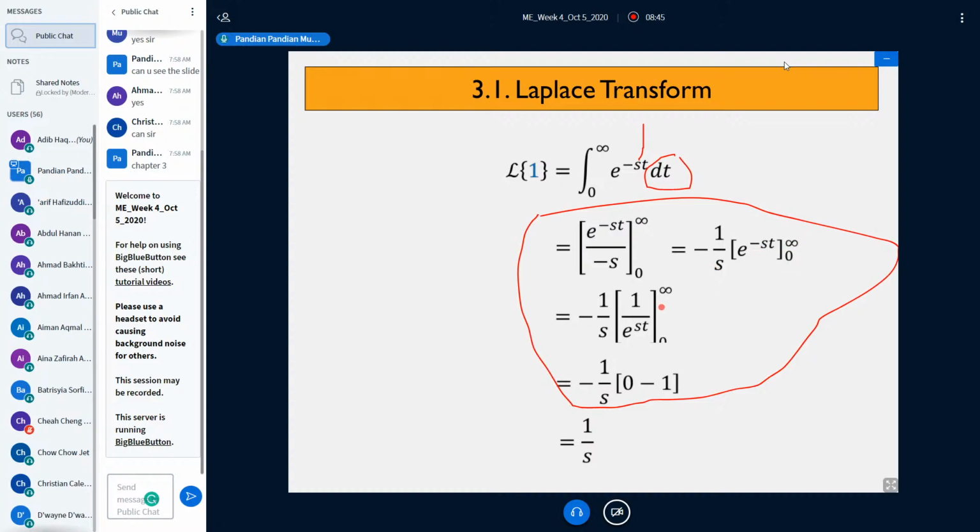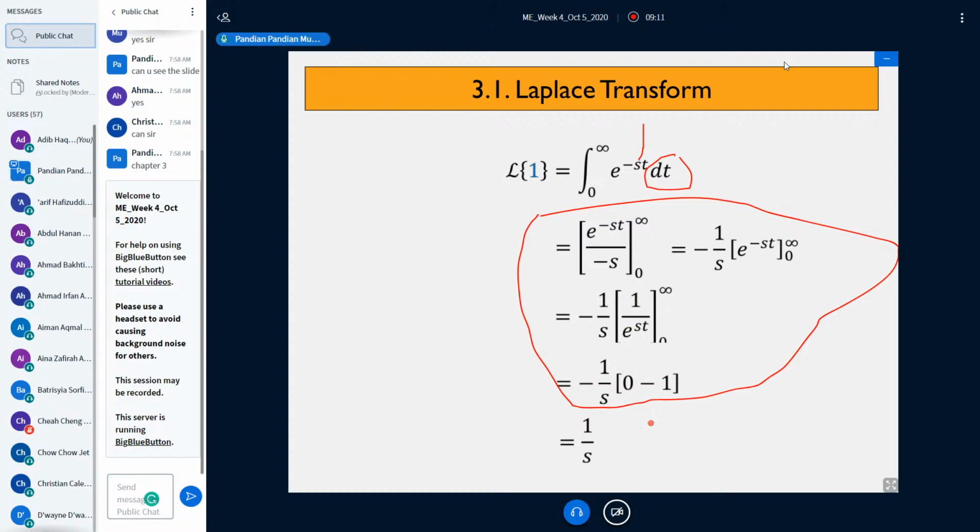But e^(-st), you can write as 1 over e^(st), from 0 to infinity. You put t; t is the variable, 0 to infinity. s is a constant, s is the parameter, so you don't do anything to s. s will be there. So 1 over infinity is 0, and 1 over e to the power 0 is 1, 1 over 1 is 1.